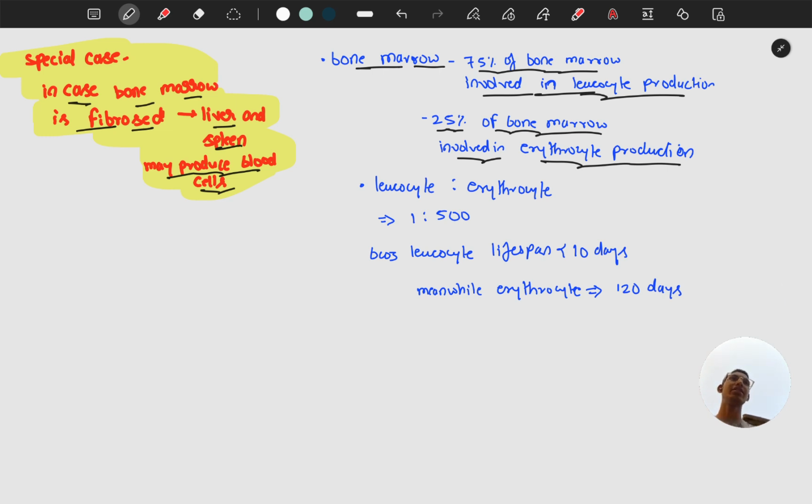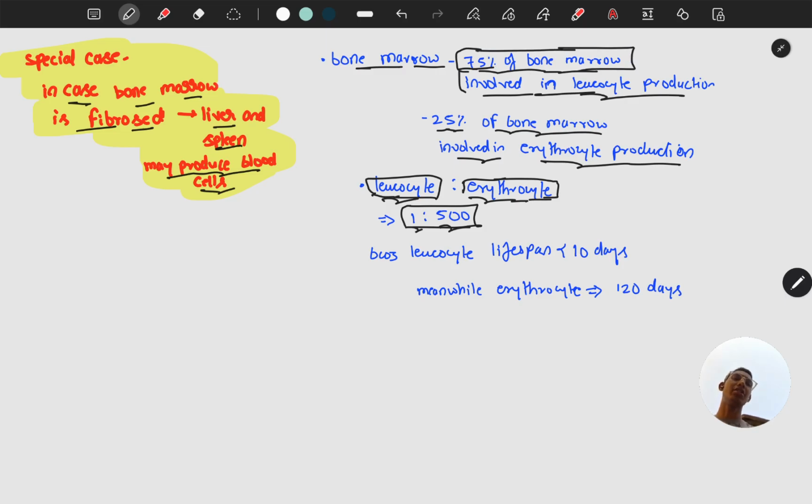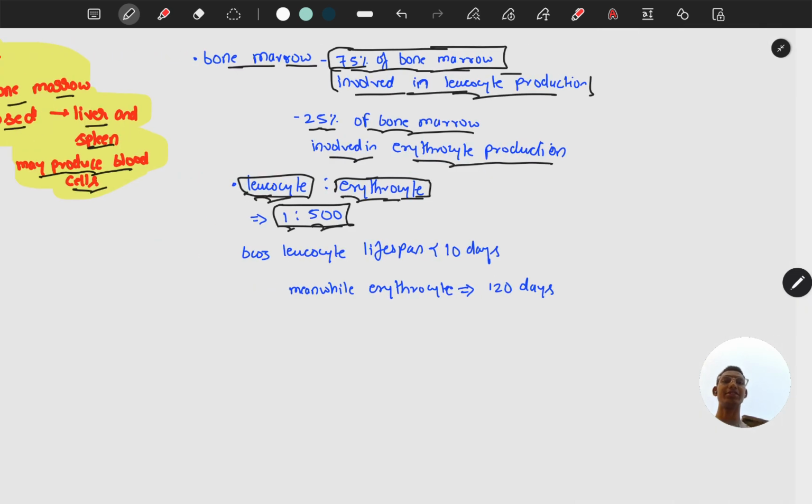But in practical life, the leukocyte to erythrocyte ratio is 1:500. It is because the lifespan of leukocytes is not more than 10 days, whereas the lifespan of erythrocytes is 120 days. So to maintain this ratio, 75% of bone marrow is involved in leukocyte production, whereas 25% is involved in erythrocyte production.